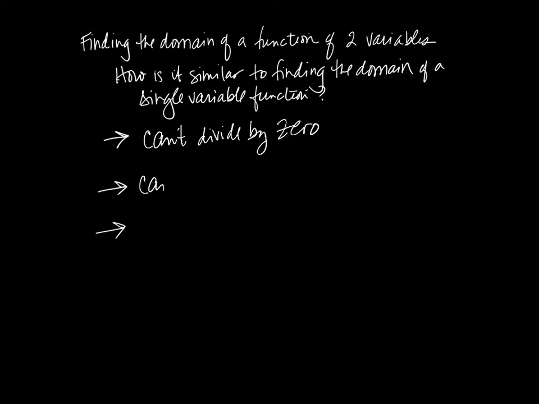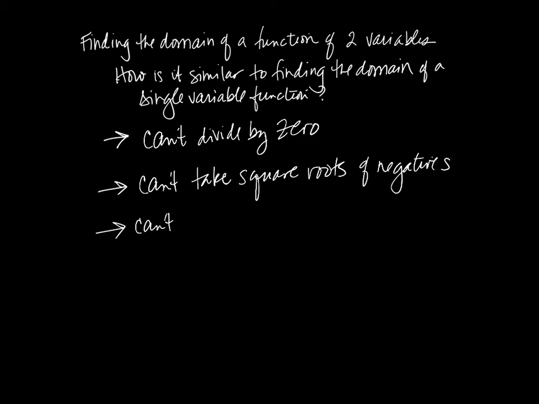We can't take square roots of negatives. And you can't take the log of 0 or negatives. Okay, and so those three rules are the same three rules we're going to abide by in finding the domain of functions of two variables. Okay, so let's take a look at a few examples.